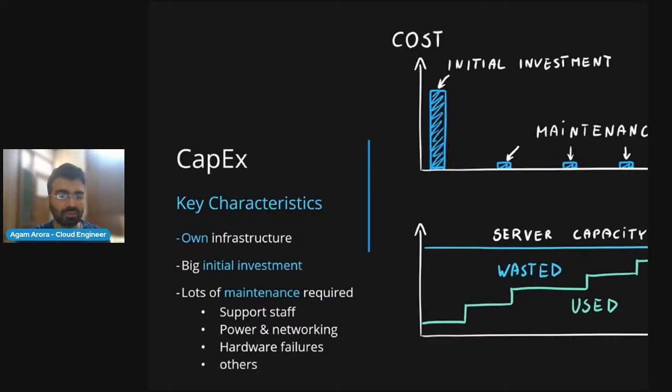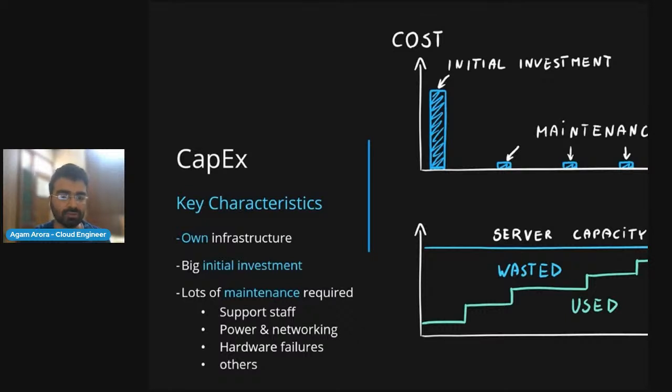We saw in capex that because the customer uses their own infrastructure, there is a big investment, due to which the initial investment and the maintenance cost is quite high. Most of the resources are unutilized, or let's say unused, which is another cost addition and a wastage of monetary resources.